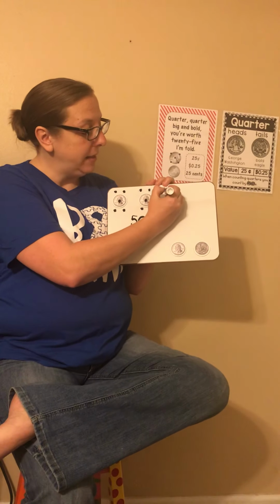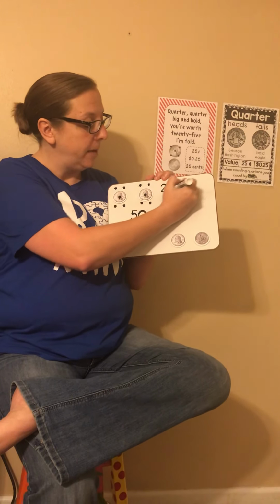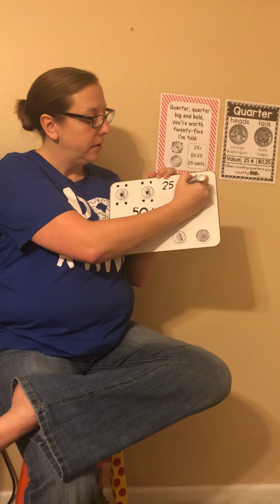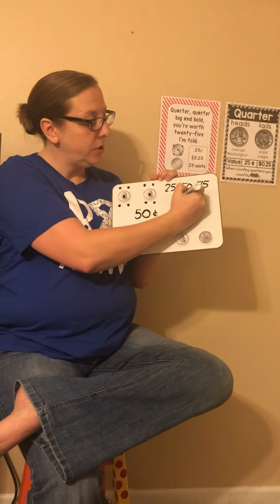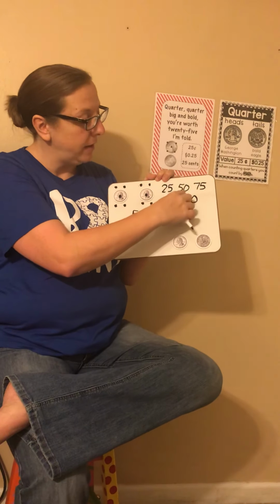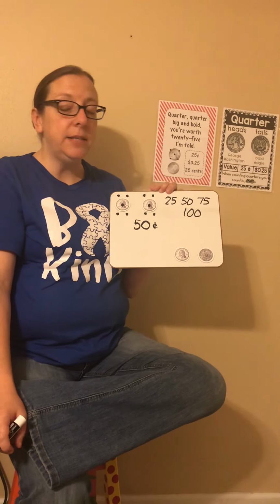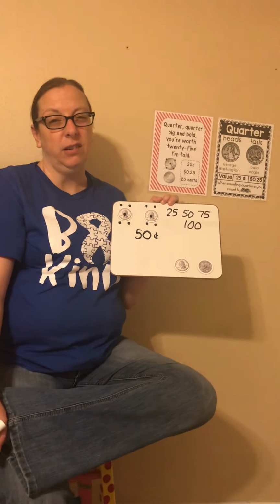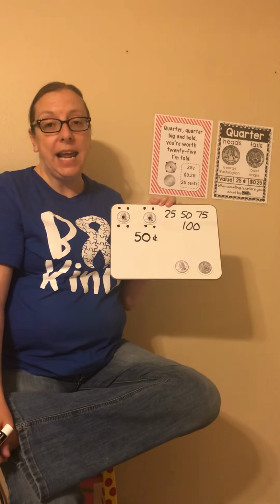If you want to, at the top of your paper, write that order so you can count up. So you can write the order at the top. So if you see 3 quarters, you can go, oh yeah, 25, 50, 75. Okay, so write that at the top of your paper if that helps you. There's lots of strategies to figure out quarters. They're a little tricky. Good luck today. Bye-bye.